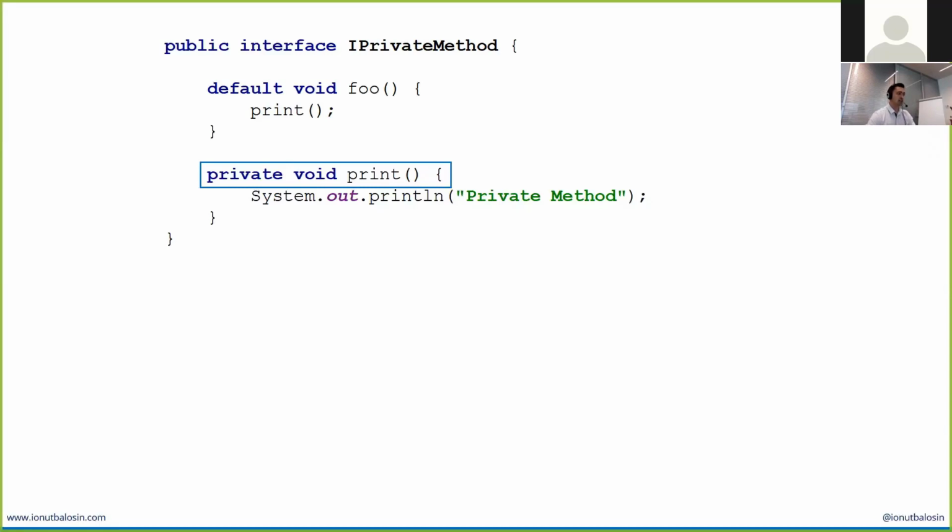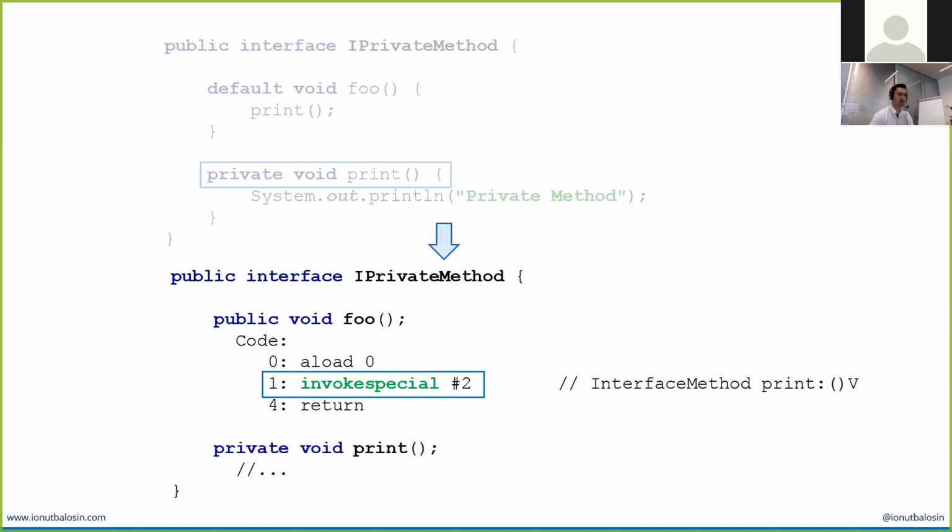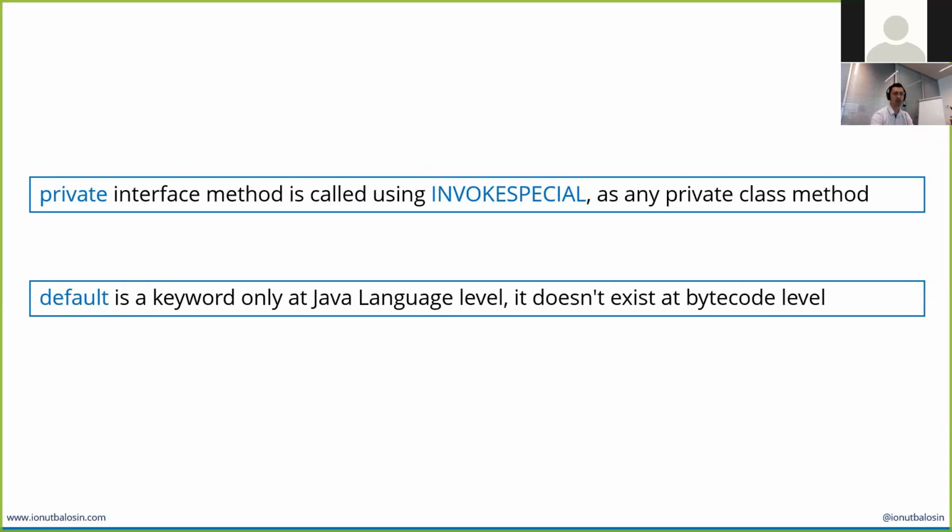How it works under the hood: if you compile and decompile at the bytecode level, and for those not quite familiar with the bytecode, I won't insist too much, I will just point out that under the hood, the print call, as you can see here, is handled using an invokespecial. Invokespecial is the opcode at the bytecode level also used for all other private class methods, which means that for these private interface methods there is nothing in particular to handle them at the bytecode level.